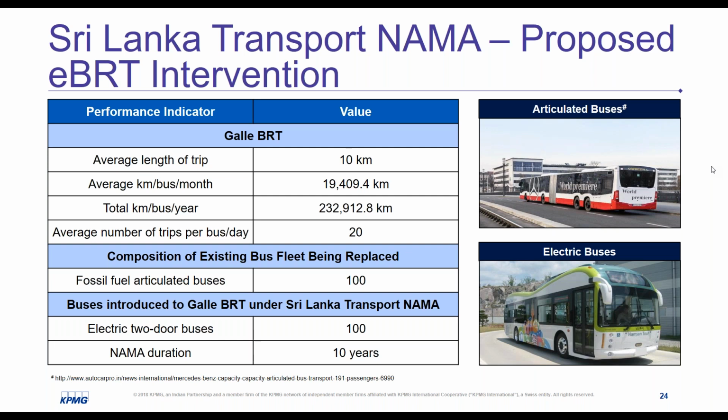As discussed with UNDP as well, currently the government is institutionalizing the BRT infrastructure development, and I think UNDP is also approaching international climate finance institutions to fund the NAMA.